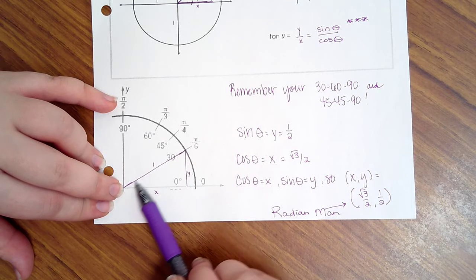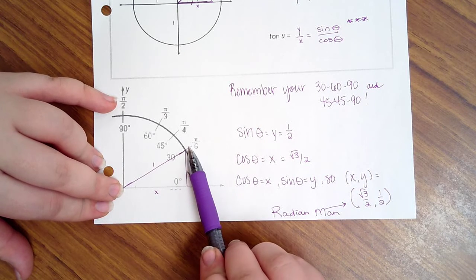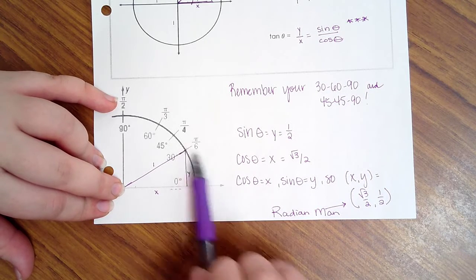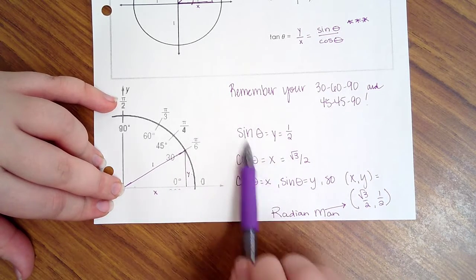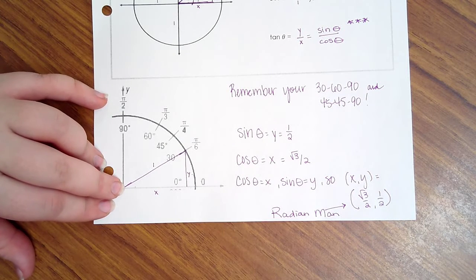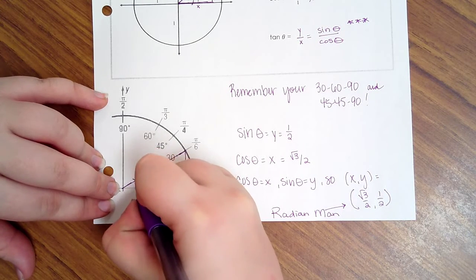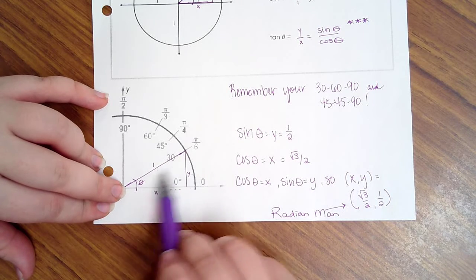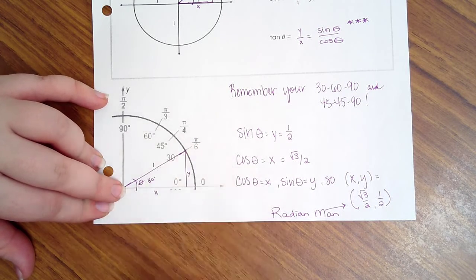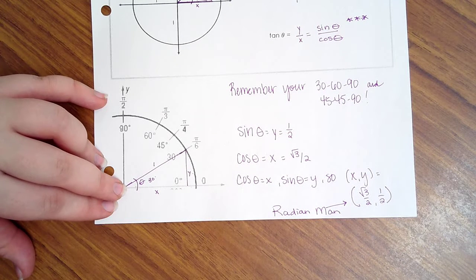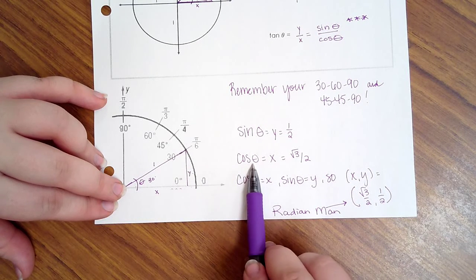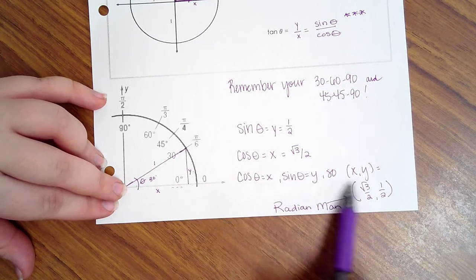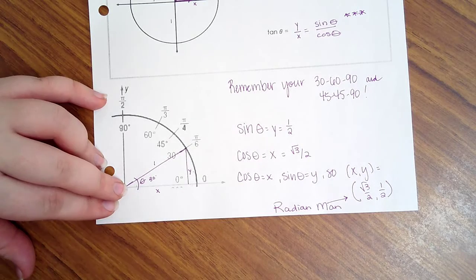But because this has a radius of 1 and it goes over x and up y, another way to write that is shown right here. So sine of theta, sine of my reference angle, would be y over 1, or when I do this, it'd be 1 over 2. Cosine would then be root 3 over 2, and then because I know that, I can find tangent as well.